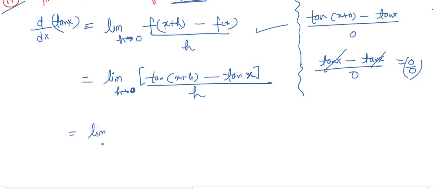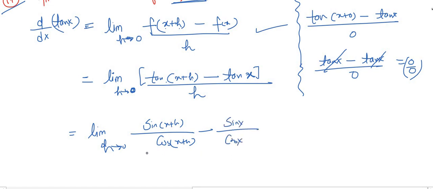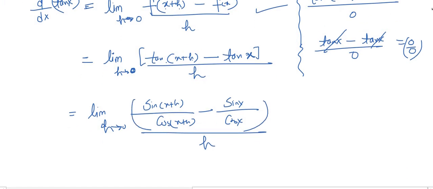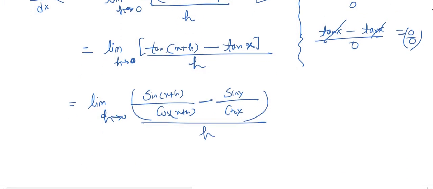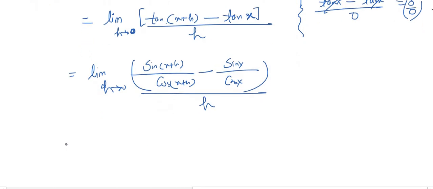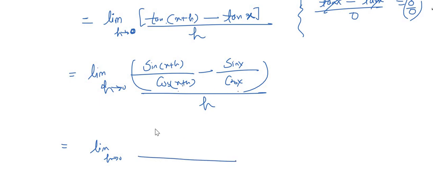Can I write the limit as h tends to 0, tan becomes sine by cos. So sin of x plus h by cos of x plus h minus tan x, which is sin x by cos x, all divided by h. Now to simplify, what can we do? Let me take the limit as h tends to 0. I can take the LCM, correct?